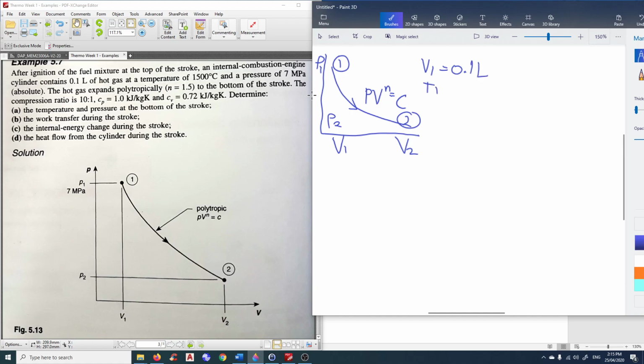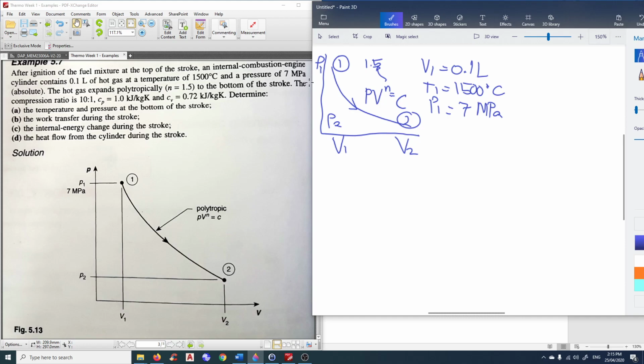Temperature at 1 is 1500 degrees C, and the pressure at 1 is 7 megapascal. The gas expands polytropically. The n is given as 1.5, so that's your polytropic index.